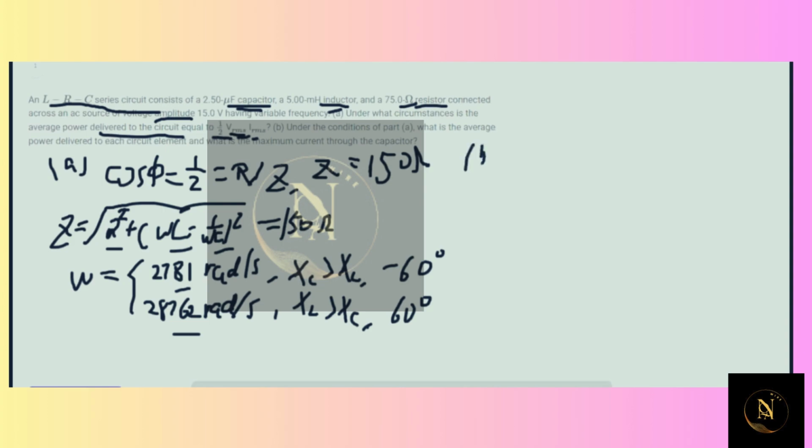And for part B, under the conditions of part A, what is the average power delivered to each circuit element? And what is the maximum current through the capacitor?